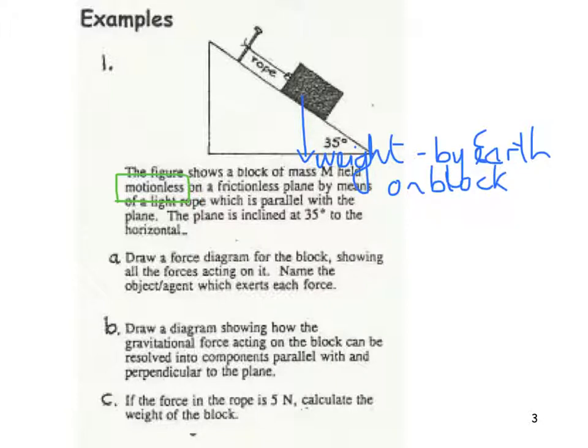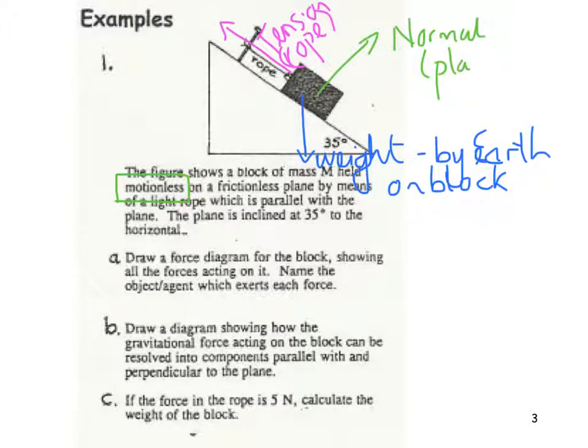The next force that we are interested in is tension, and it is exerted by the rope. And finally, there is going to be a normal force, which is exerted by the plane. And it's always at 90 degrees to the plane.